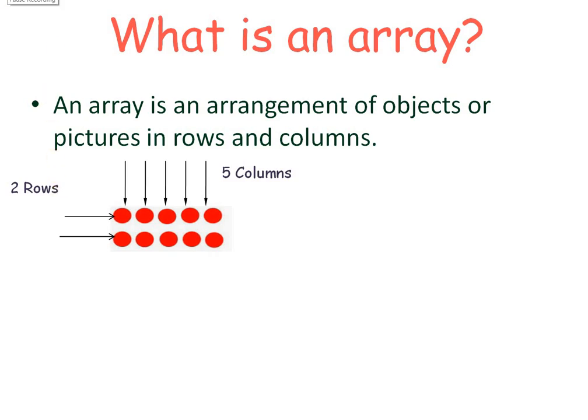Also, if we look at the columns here, each column has 2 circles. So the number of objects inside each row is equal.